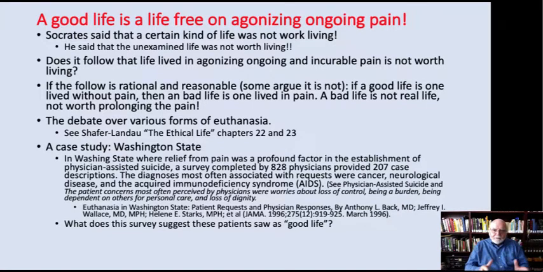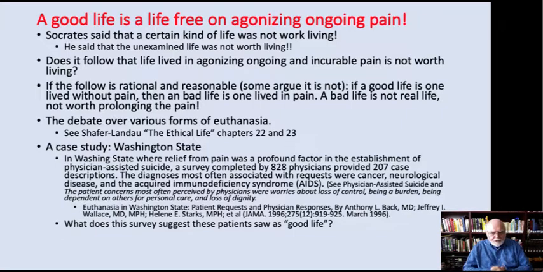After some time, the American Medical Association, or doctors associated with the AMA, conducted a survey. They received 828 physician responses, which covered 207 cases. These cases described what the patients' conditions were, what they asked for, why they asked for it, and how they fulfilled the various legislative obligations.